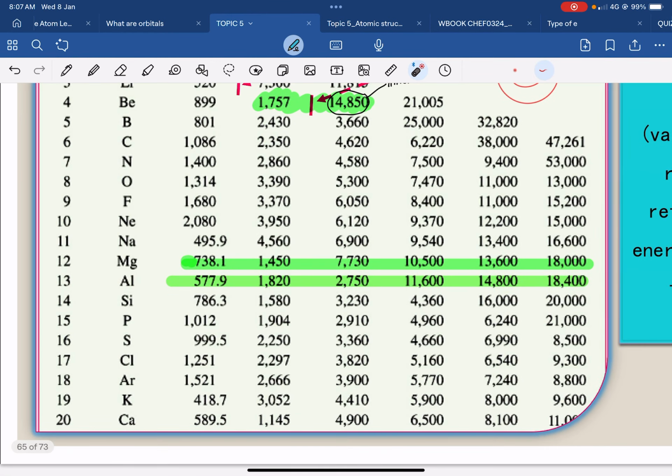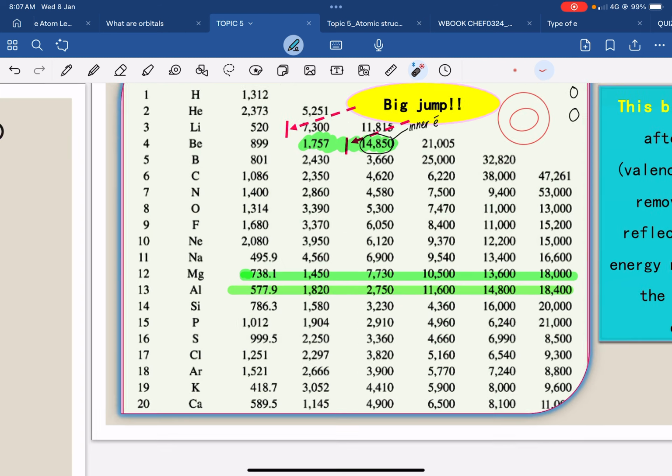So daripada sini, daripada big gap tu, kita dapat kenal pasti bahawa bila ada big gap antara bacaan number of electron yang kita remove tu, kita boleh teka berapa banyak outer electron, berapa banyak valence. Okay.